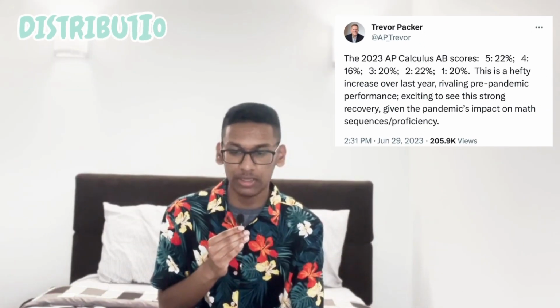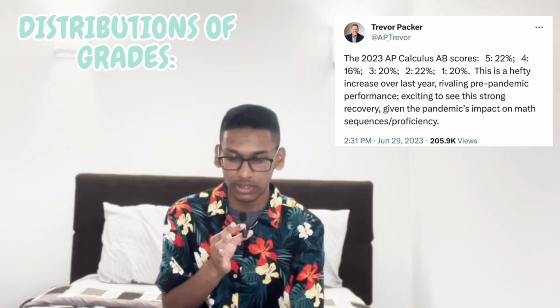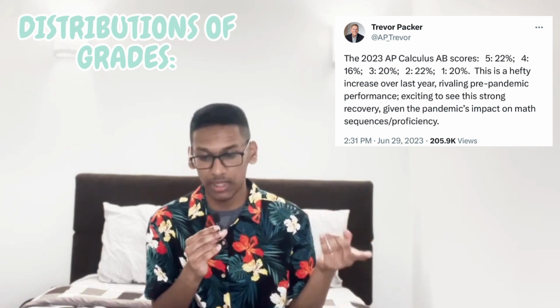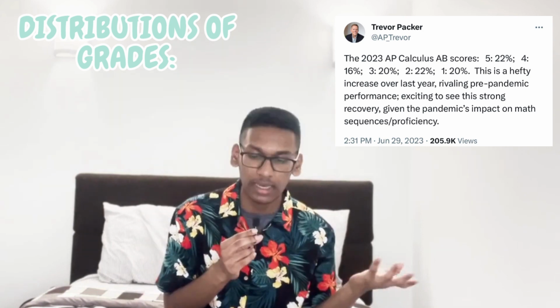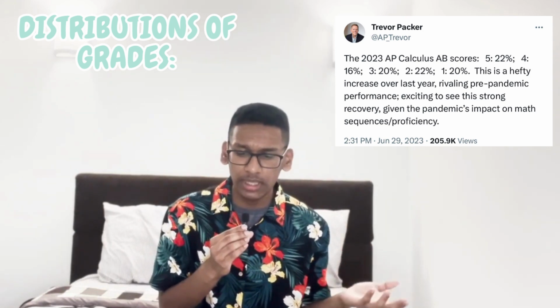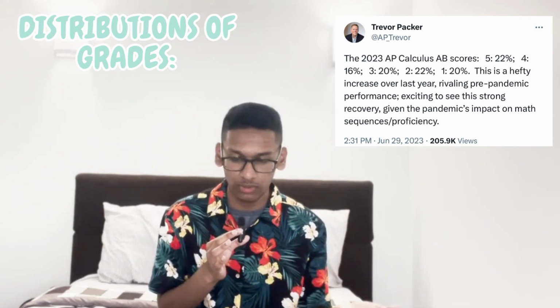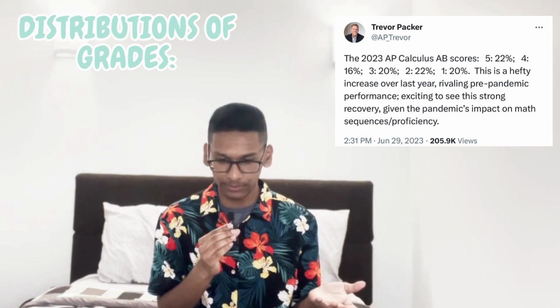Lastly, let's talk about the distribution of this year's AP exam scores. This comes from the man, the myth, the legend himself, Trevor Packer, AP Trevor on Twitter. He said that in 2023, for AP Calculus AB, the people who got a score of 5 were within the top 22%.